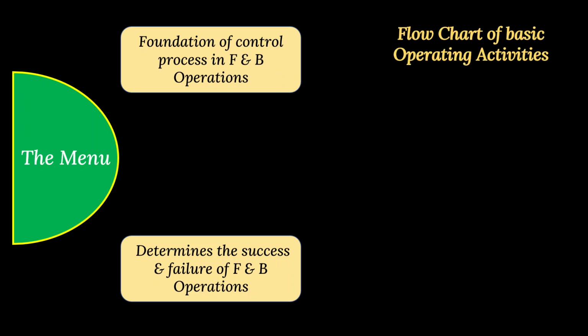Now let us see the flowchart of basic operating activities, how it operates in a food service organization. Starting with menu planning, then depending on the menu planning, you need to go for purchasing of raw materials and other allied materials and ingredients. After purchasing, it is time to receive them.